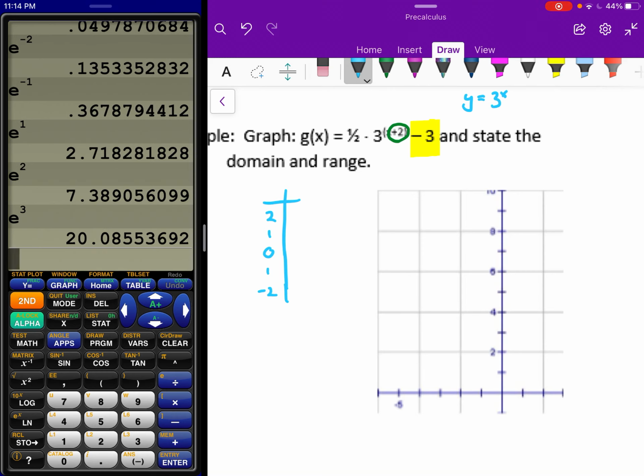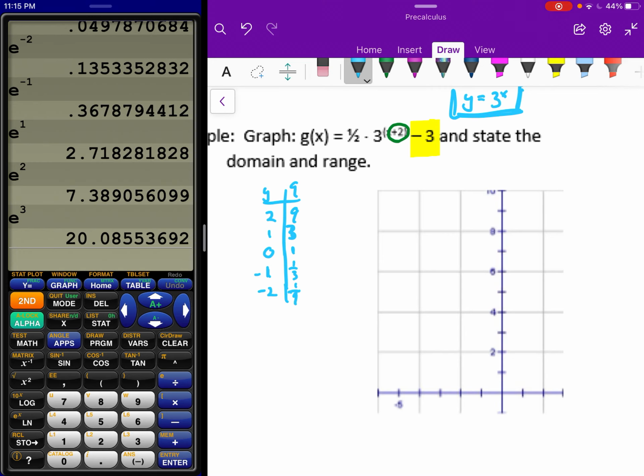So when x is 2, y is 9. And again, we are just graphing this, not with all the changes in it. 3 to the first is 3. Sorry, 3 to the 0 power is 1. 3 to the negative 1 is 1/3. And 3 to the negative 2 is 1/9.